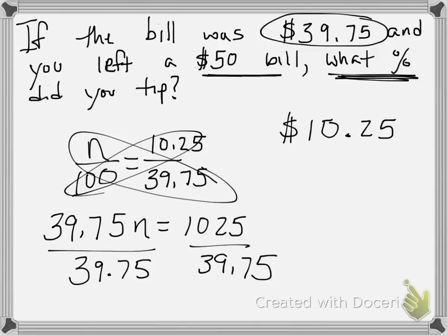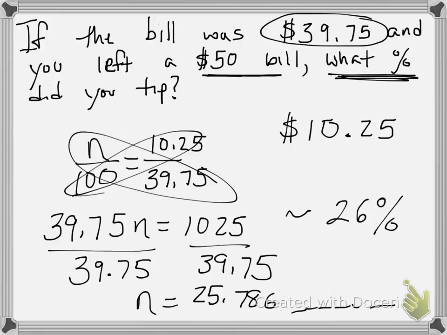And you'll find that n equals 25.786, and this number just kind of goes on for a while. So we would probably round this and say it was about 26%. And the way that I got that was, here's my last point.